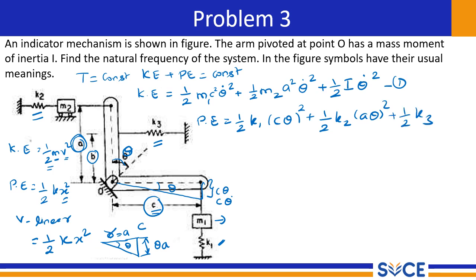K3 is connected at b distance, so we can write K3 into b theta square.